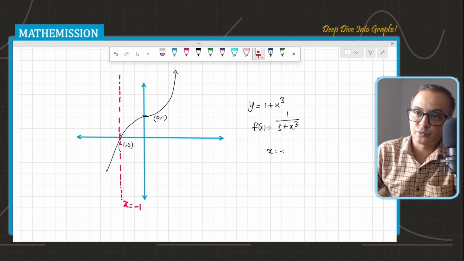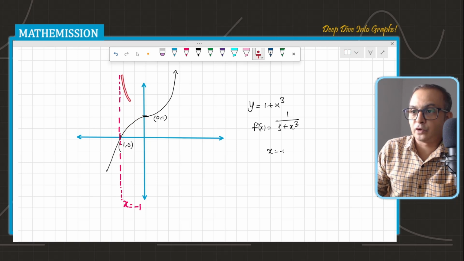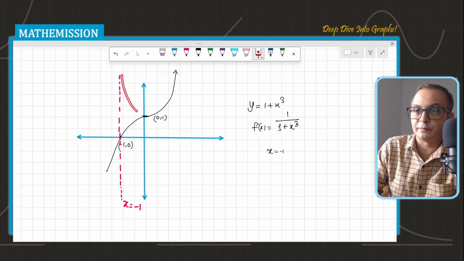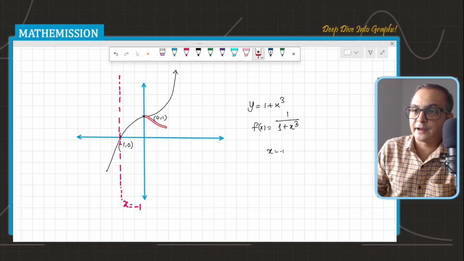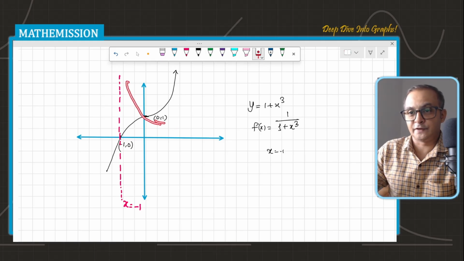From -1 to 0, it's still increasing, so the reciprocal should decrease now, and it should decrease like that, and at 0 they will meet each other, so it should come to meet this point, and again it's increasing, so it should still decrease, and as x tends to infinity it should go to meet the x-axis at infinity.